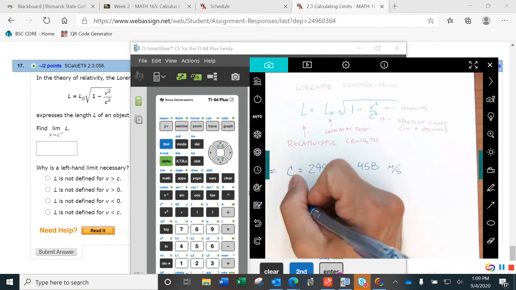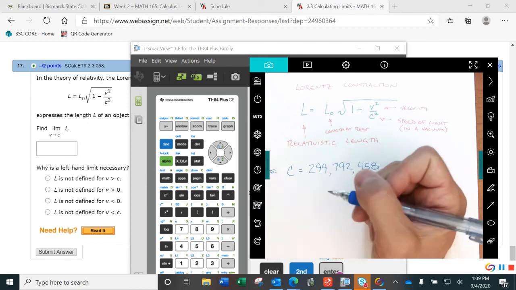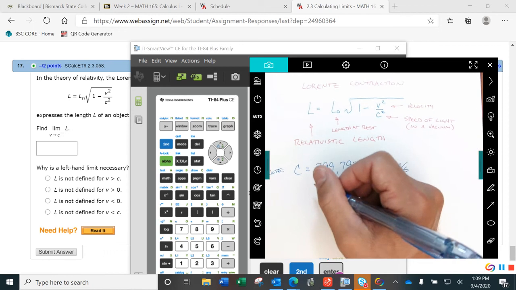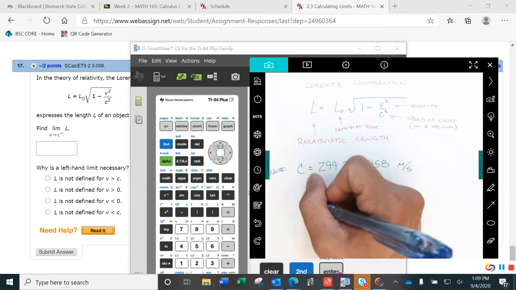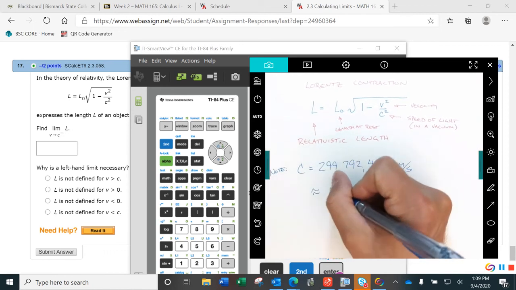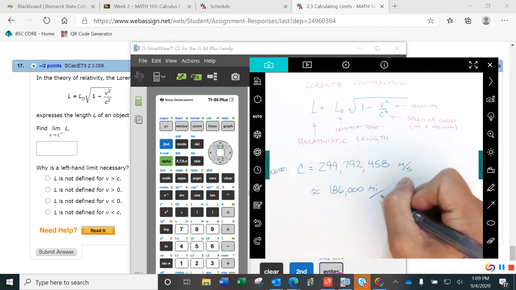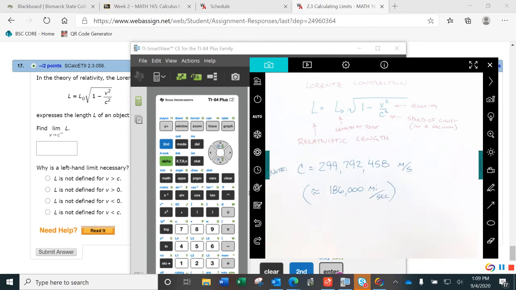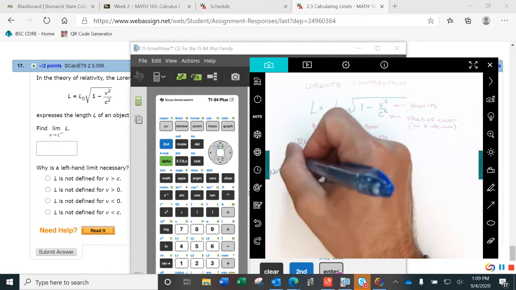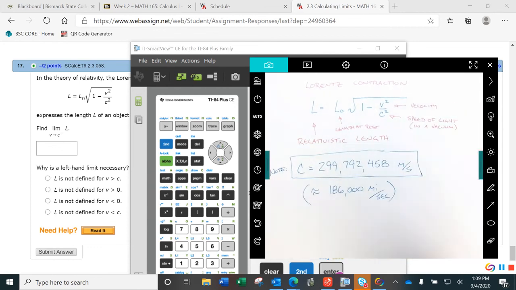That's about, just for those of you that want to know miles per hour, well, I'm not going to give you miles per hour. I'll give you miles per second, because that's a big number by itself. It's about 186,000 miles per second. I'll just put that in parentheses. There's our metric system, though. Meters per second. Well, all right.